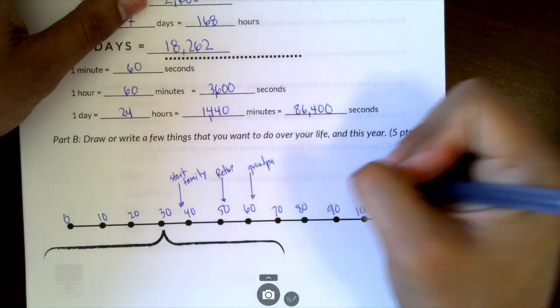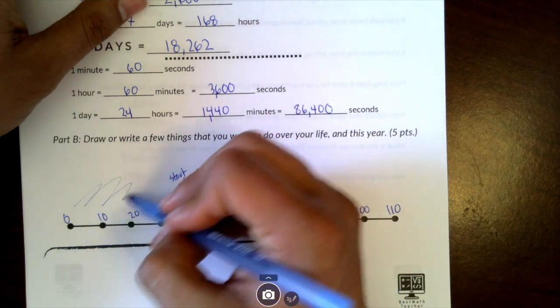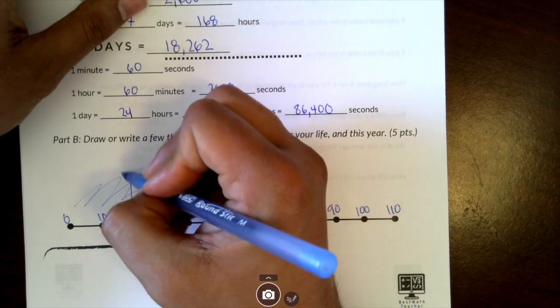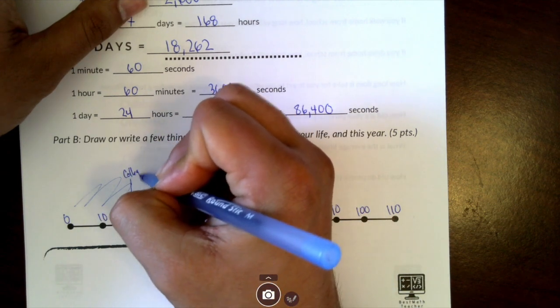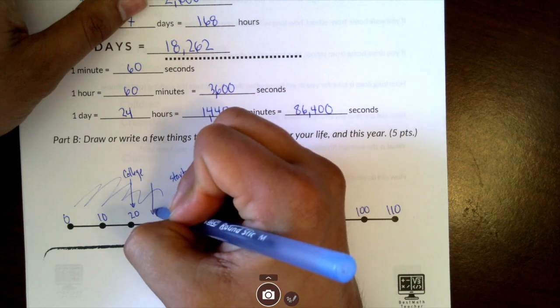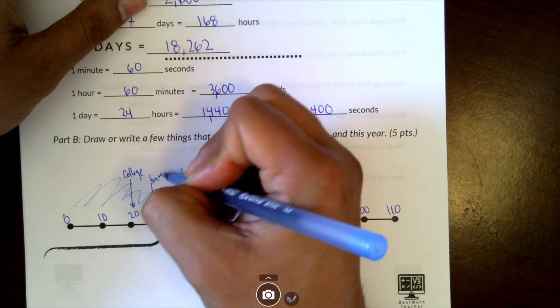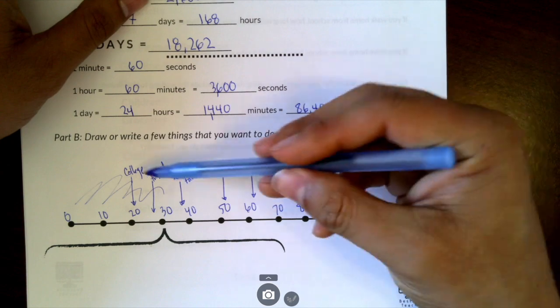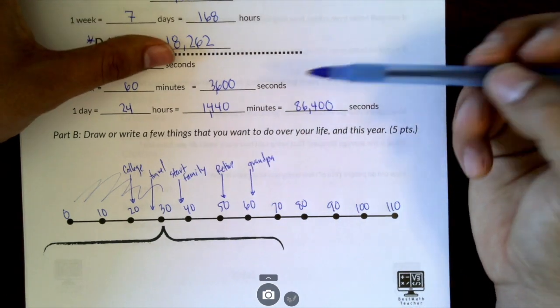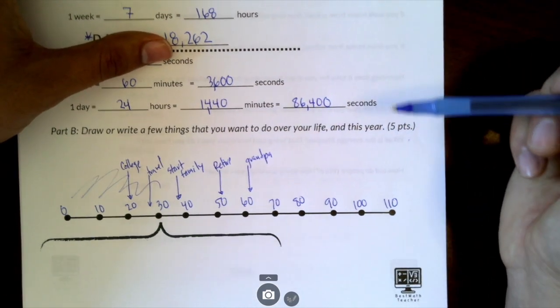I don't know what else you want to do over here. Obviously, this is kind of like already over for me, but I went to college in my 20s, and I traveled a lot over here. So I just want you to map out your life. Label some of the things that you want to do. At least 5 things, okay? That's how I give you the 5 points.